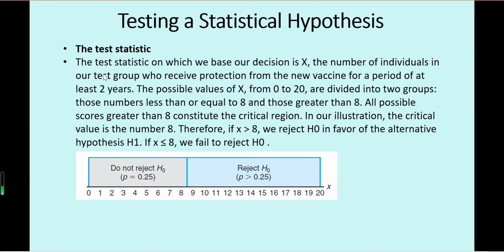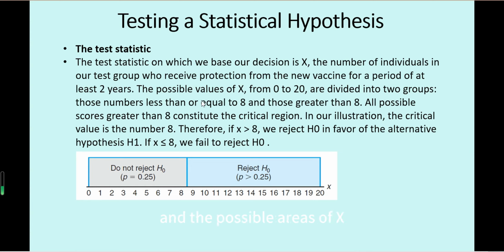The test statistic is a value calculated from the sample data in the hypothesis testing problem. The test statistic on which we base our decision is X, which in this example is the number of individuals in our test group who receive protection from the new vaccine for a period of at least 2 years.